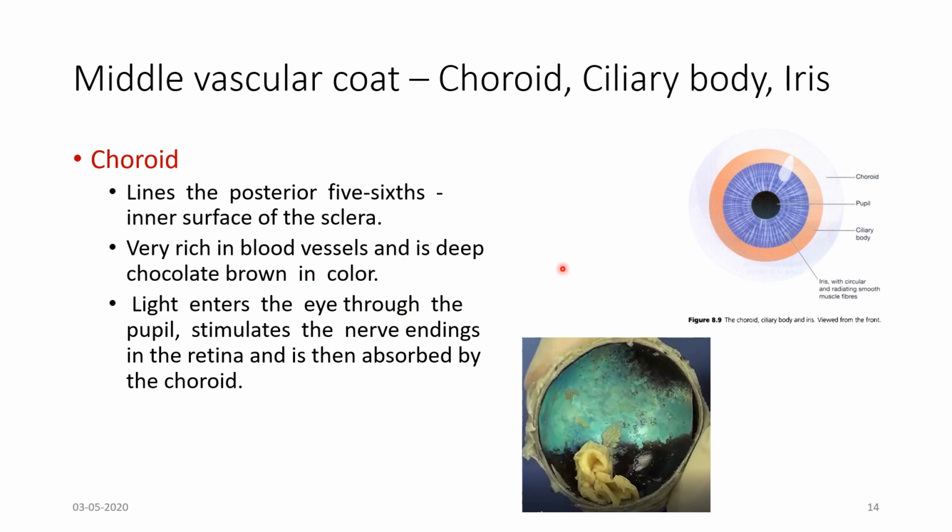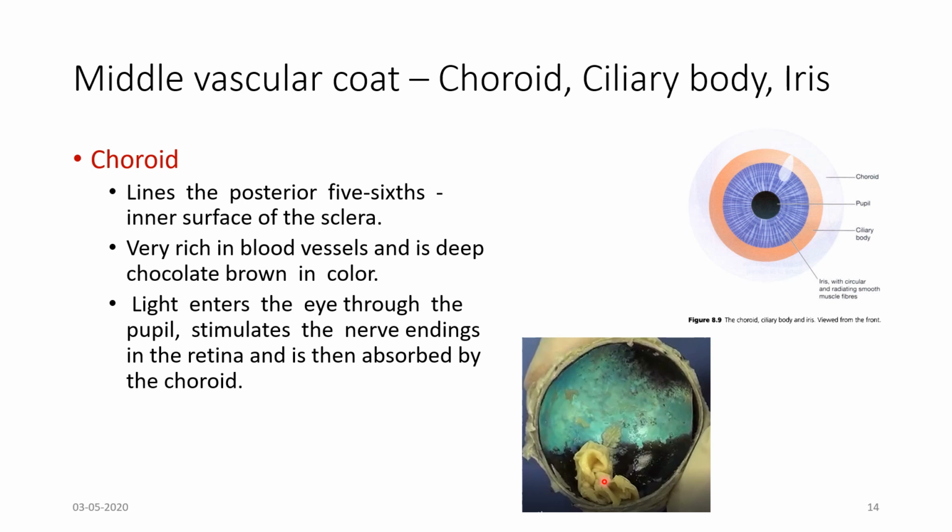It is very rich in blood vessels and it is deep chocolate brown in color. The light rays enter the eye through the pupil, stimulate the nerve endings in the retina and are then absorbed by the choroid.